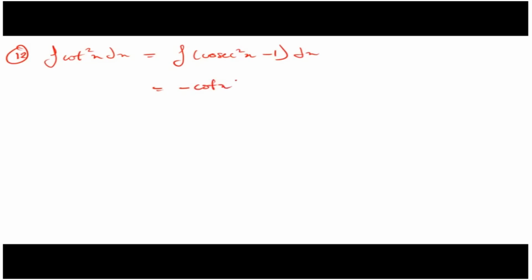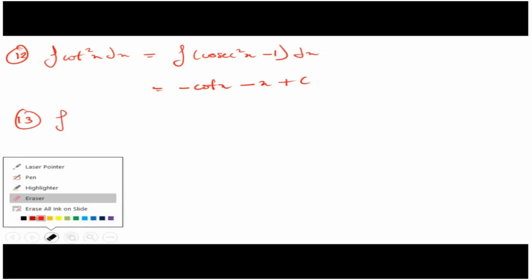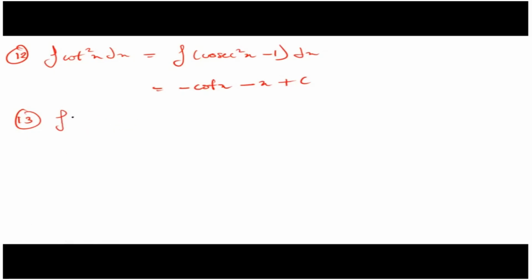The integral of 1 is x plus c. Then if you are supposed to integrate tan squared x dx, you apply your identity as well. That is sec squared x, is it plus 1 or minus 1? It's minus 1.